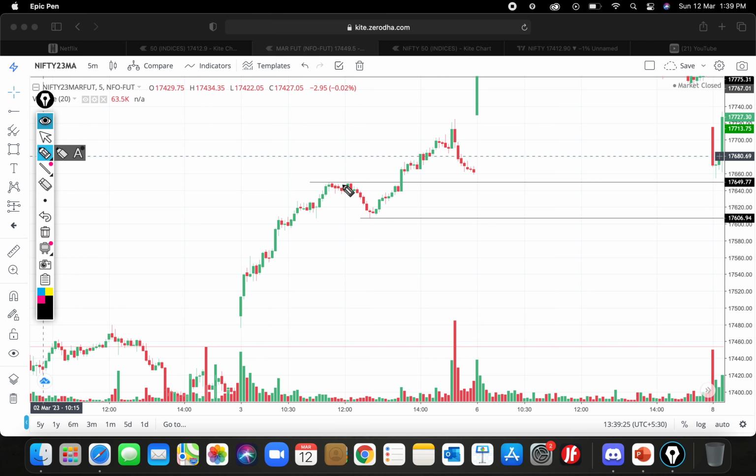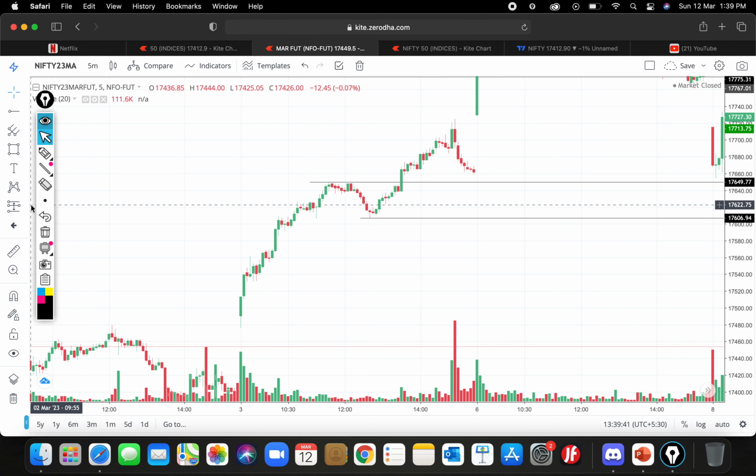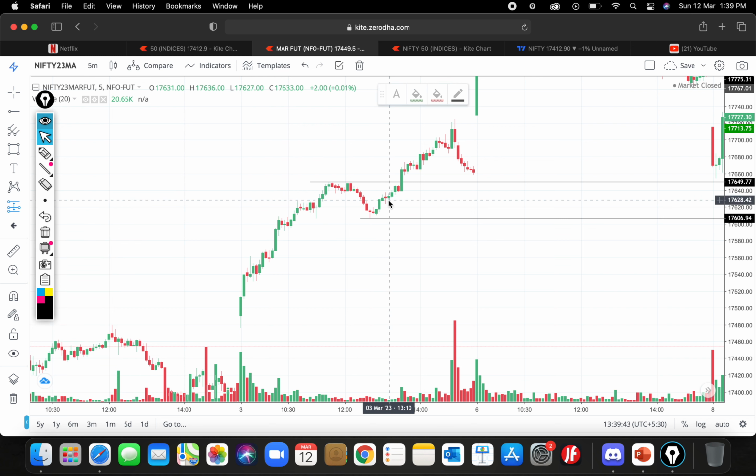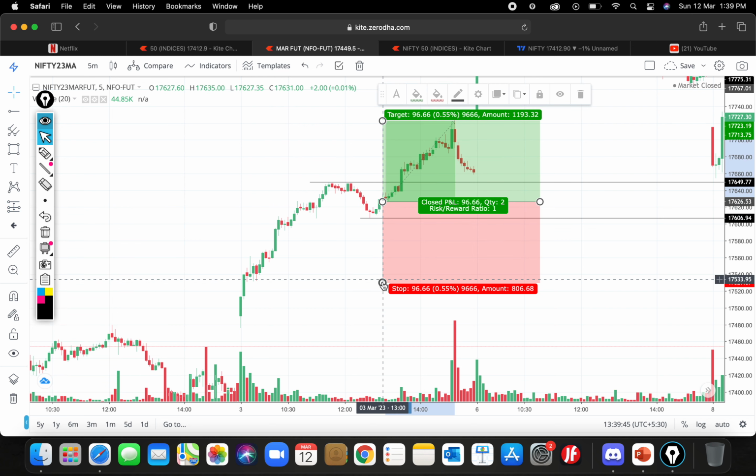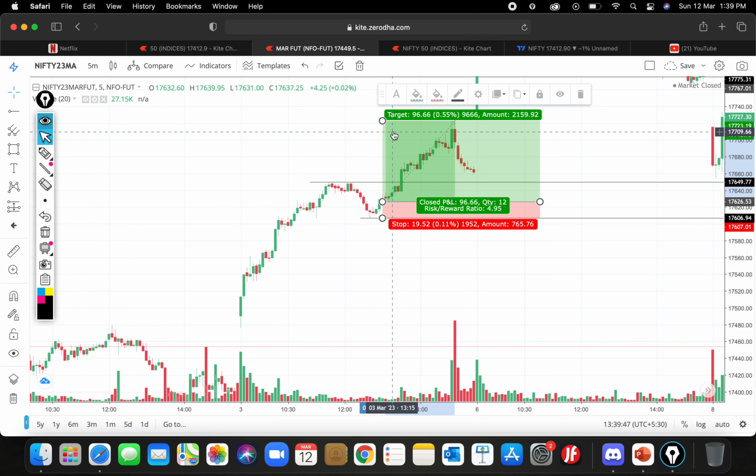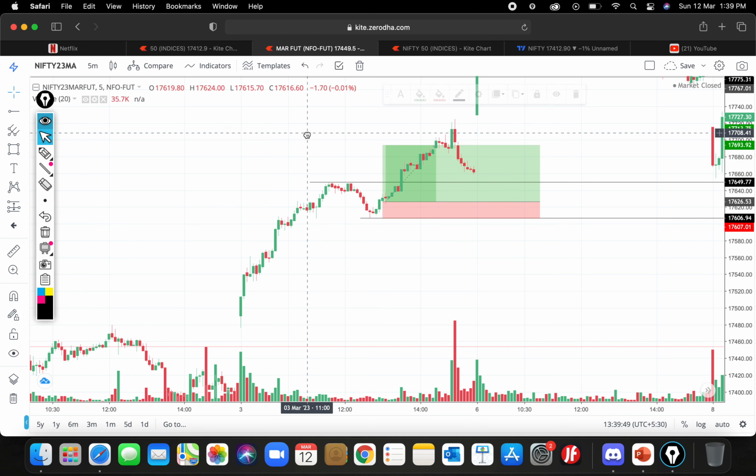Once our support and resistance is created, we will be waiting for a new higher low to be created. But in this case, we didn't wait for a new higher low to be created. Instead, we entered in this particular candle itself with stop loss around here and take profit of minimum 1:2.